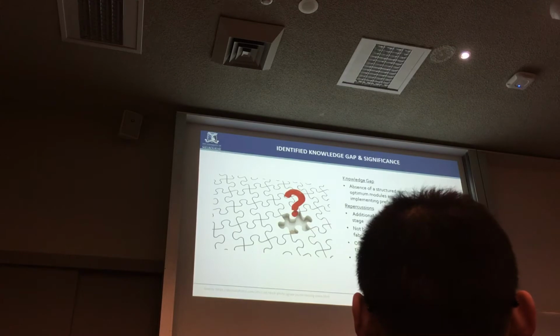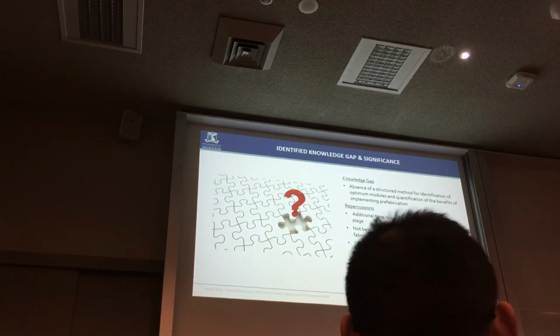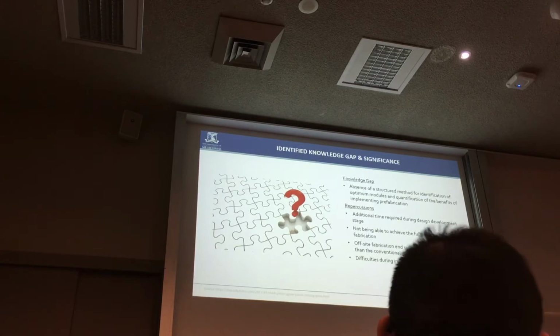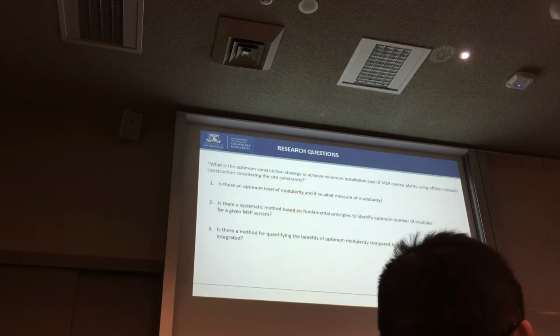So this is the first time we're trying to introduce a method to identify optimum modules in a system. Because of this gap, additional design time is required, and in most cases it's not possible to achieve the maximum benefits of modularization, and modularization ends up being the same cost or even higher than the conventional construction process.